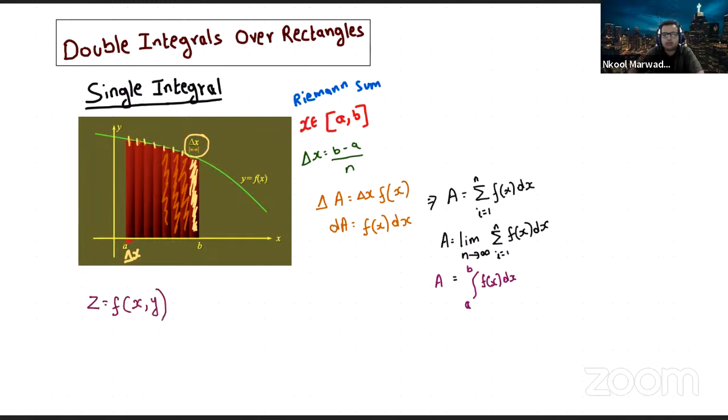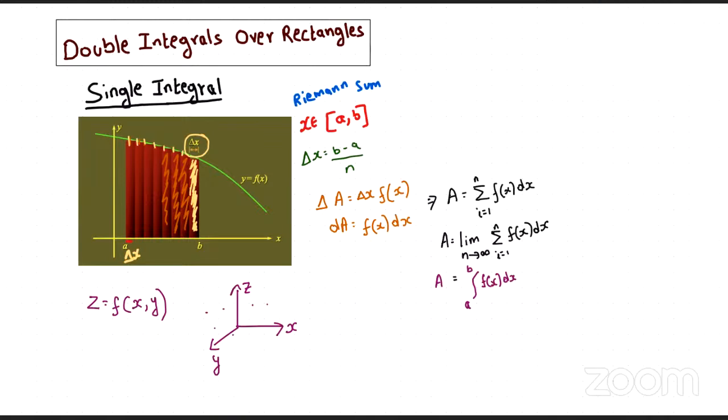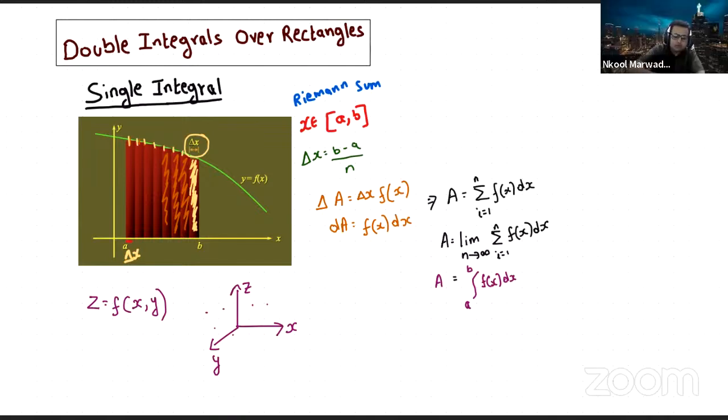If you draw the graph of it, you will have an x-axis and a y-axis. For every pair of x and y, you will get some z. So you will get some points in the 3D plane, and when you merge those points, you will get a 3D object. And for a 3D object, we are interested in calculating the volume. So we can extend this idea to functions of two variables to get the volume. And that is what we will be discussing.